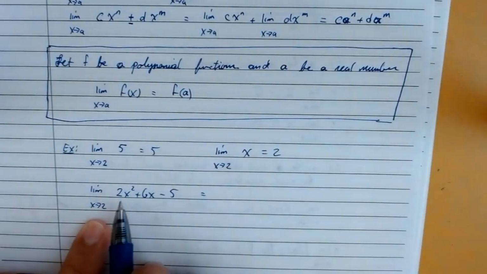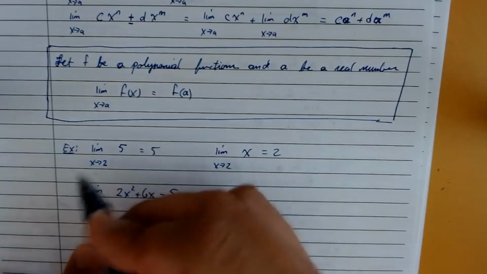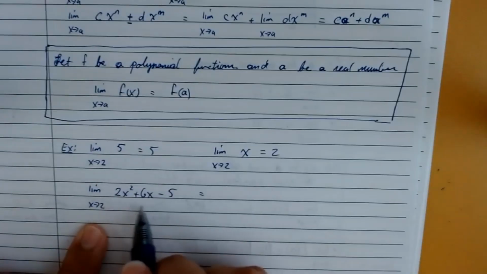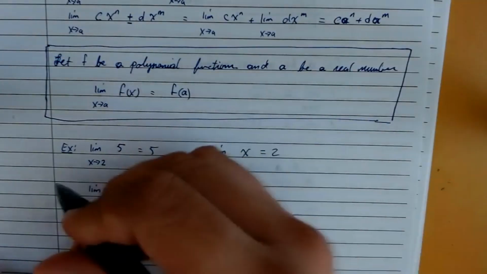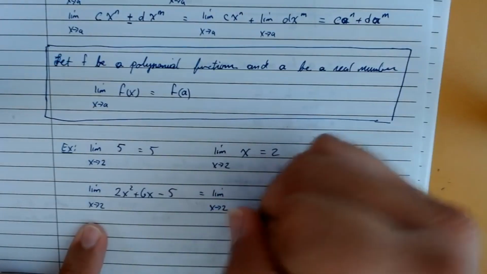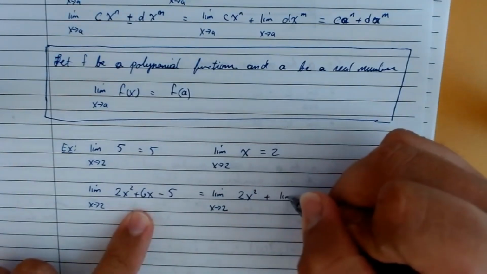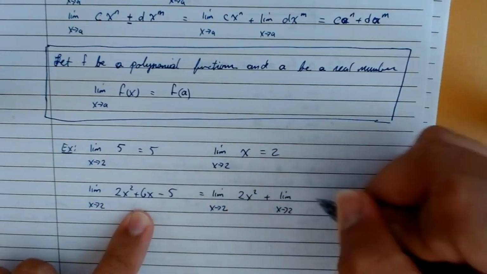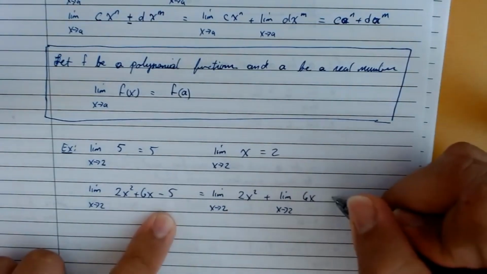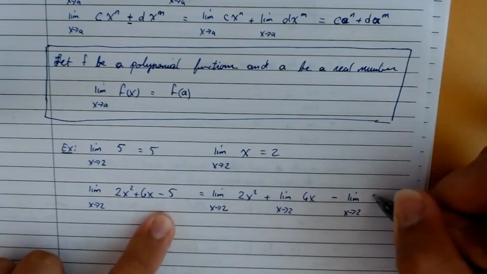So the long way would be like this. I would say, well, look, I'm adding and subtracting things, and I know that I can separate that as the limit of each of these with a plus or a minus. In other words, this is going to equal the limit as x approaches 2 of 2x squared plus the limit as x approaches 2 of 6x minus the limit as x approaches 2 of the number 5.